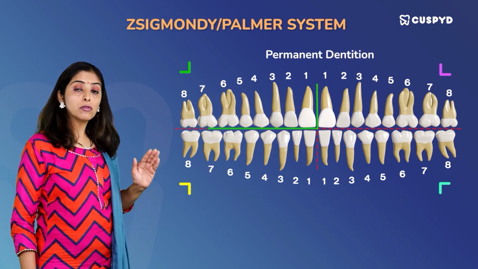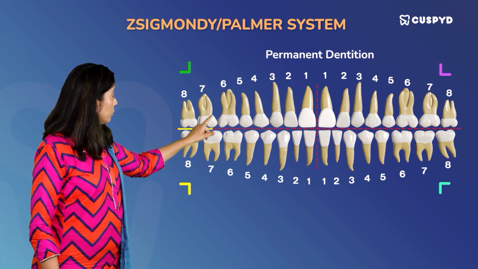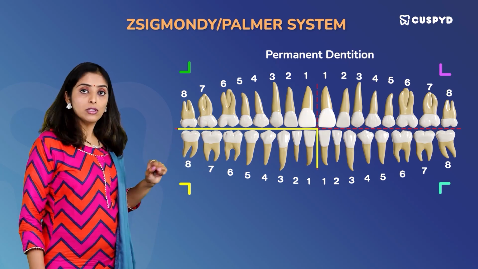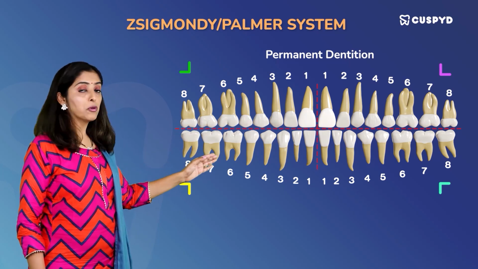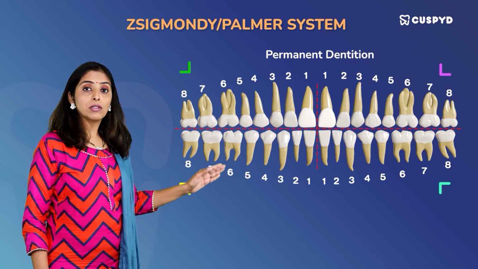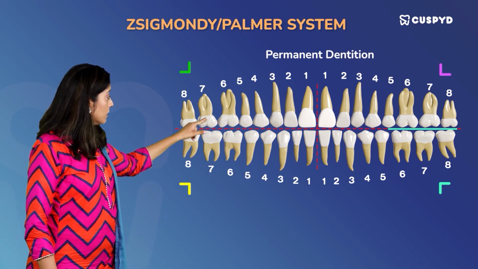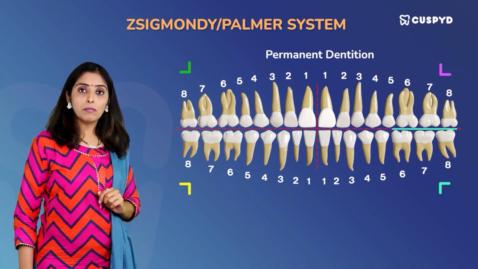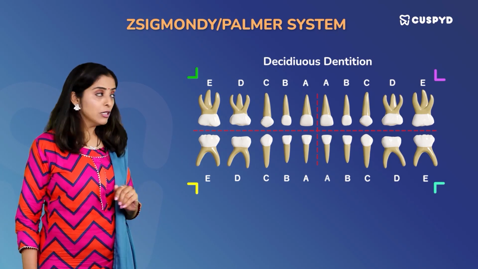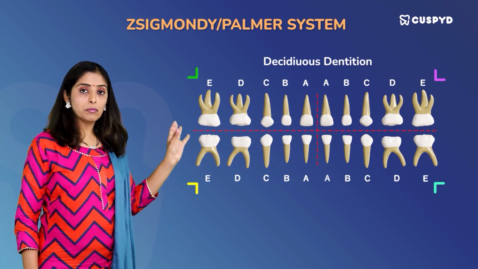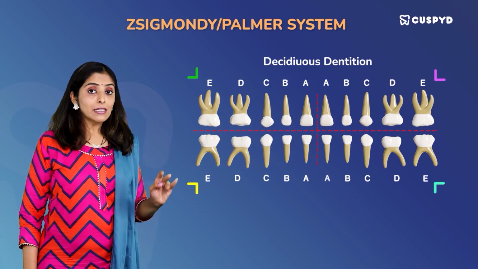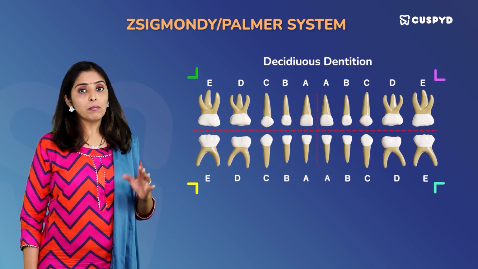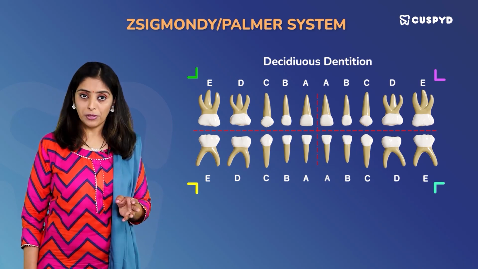If I want to talk about the mandibular right, I will use this symbol and write the tooth number. And if I want to talk about the mandibular left, then I will use this symbol and write the number. For the deciduous dentition, I will use the same symbol but write the alphabet. That is how I write the Zsigmondy-Palmer system of tooth numbering.